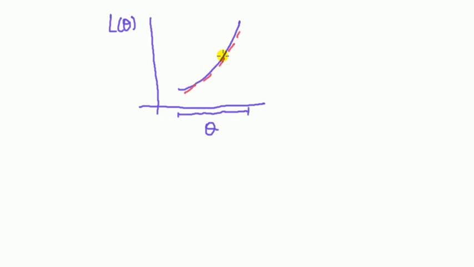There is no d log L by d theta equal to 0 in this range of theta. What you can see by visual inspection, though, is that the MLE is here. It's the boundary solution. This theta is the value that maximizes the likelihood.